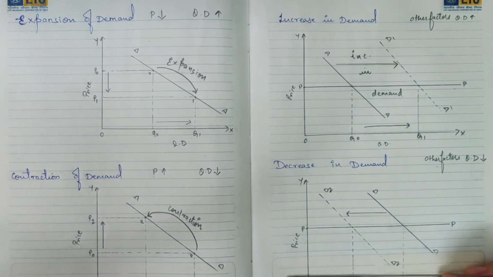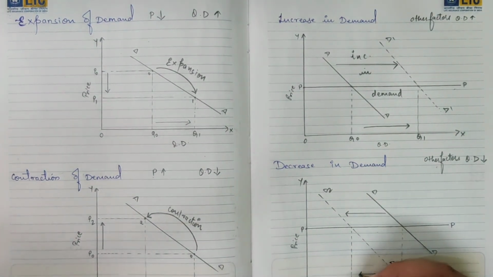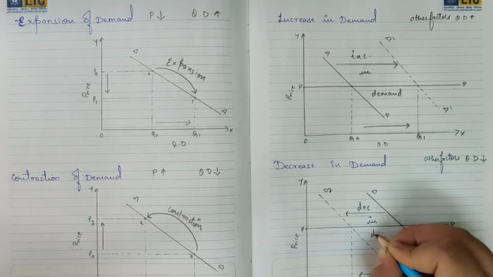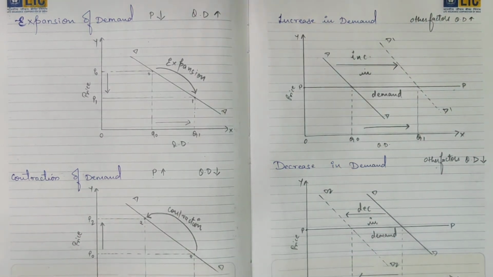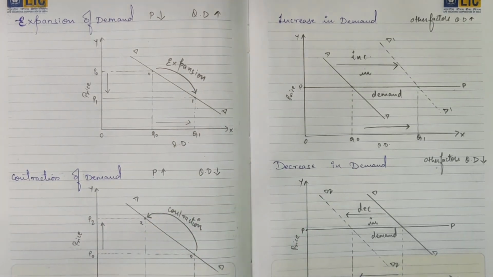Any name you can give, I'm using this just for your convenience. So here it will be decrease in demand. You can also write leftward shift, backward shift of the demand curve, whatever.